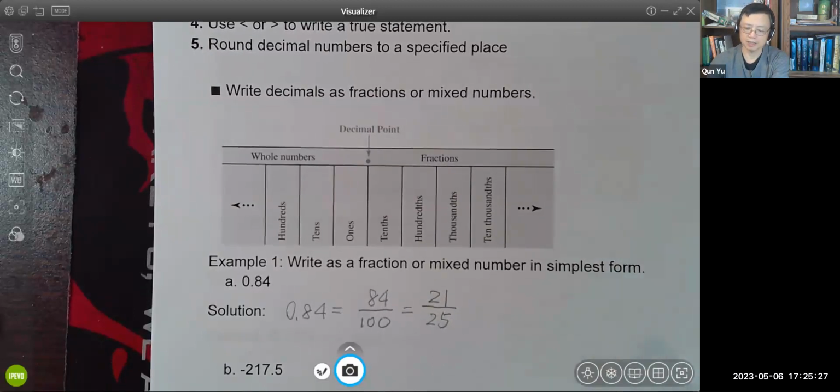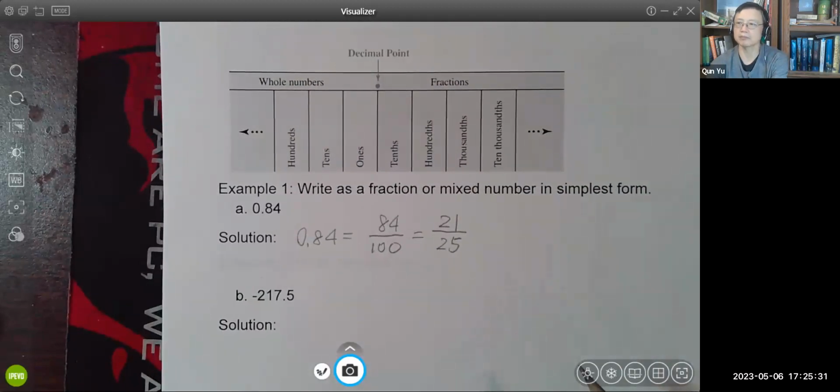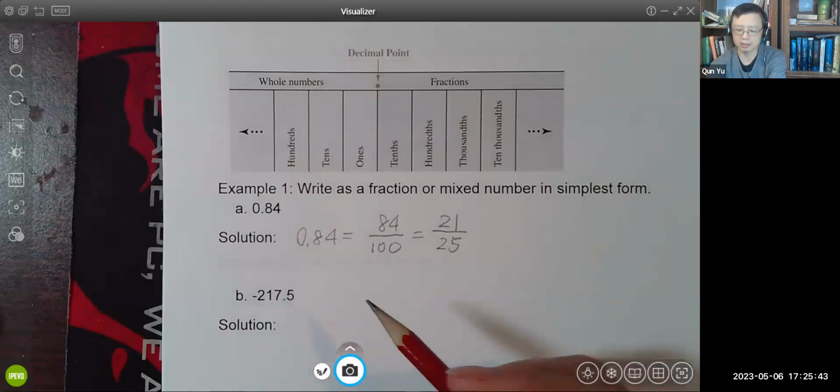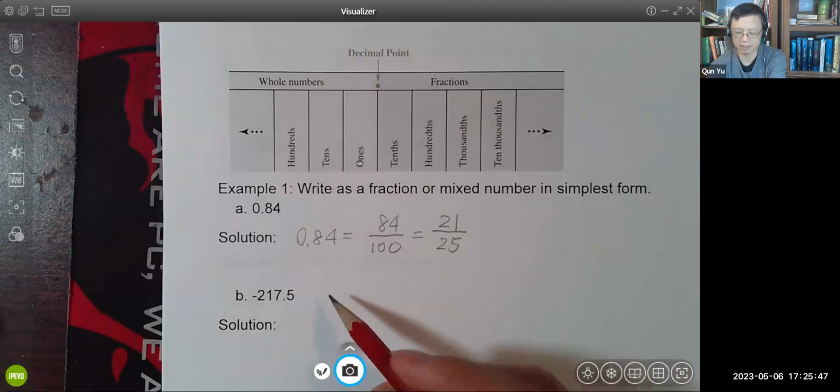First example. Now, let's look at the second example. We have a negative number. It doesn't matter whether we have a negative number or positive number. The way we convert it remains the same. So basically, we only need to convert the decimal part to a fraction, right?